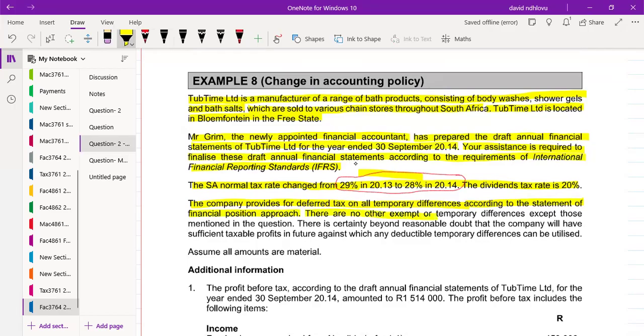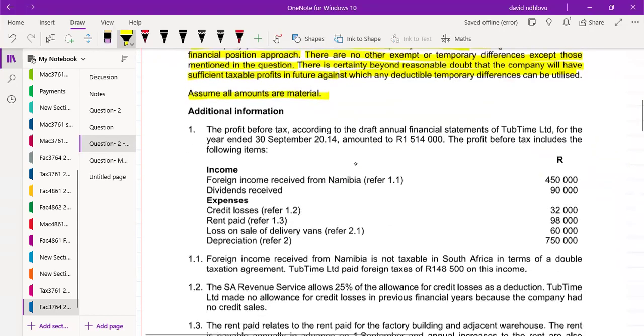There are no other exempt or temporary differences except those mentioned in the question. There is certainty beyond reasonable doubt that the company will have sufficient taxable profits against which any deductible temporary differences can be utilized. Assume all the amounts are material.